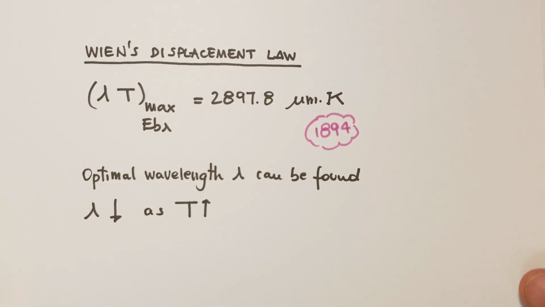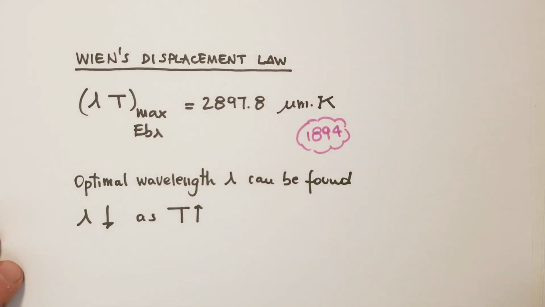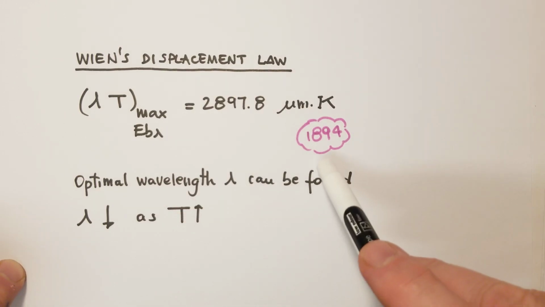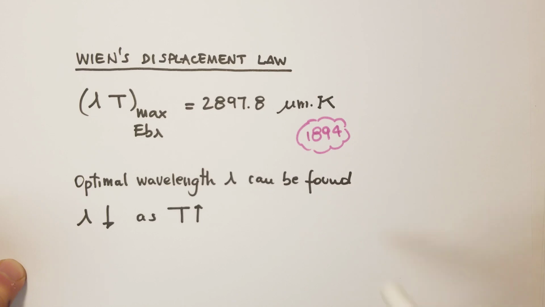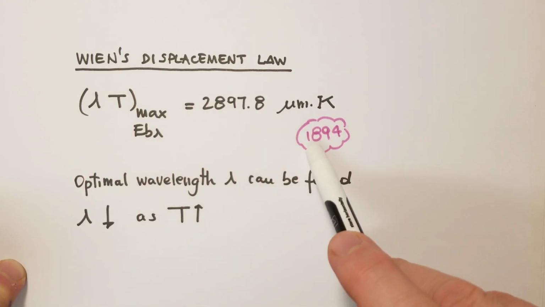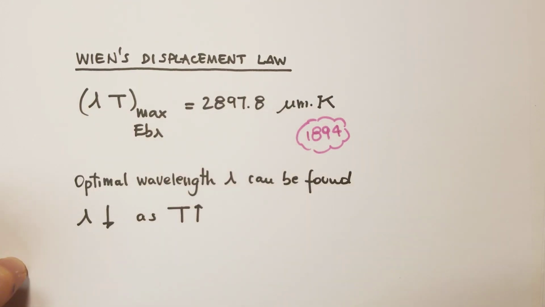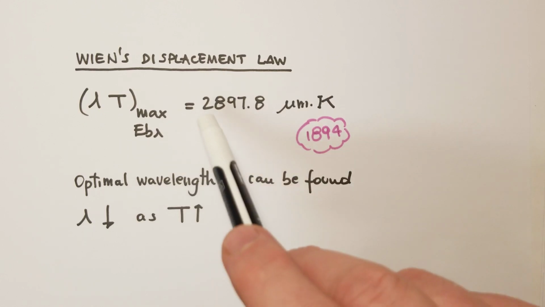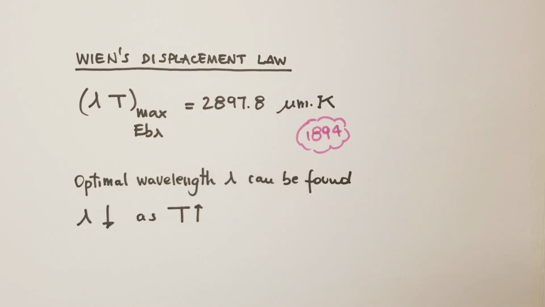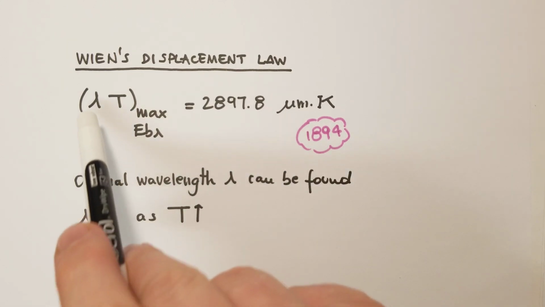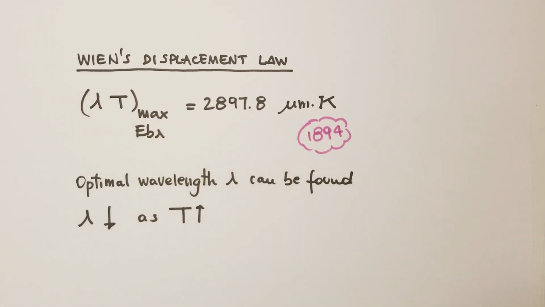The dotted line can mathematically be expressed through Wien's displacement law, which was actually found before Planck's law, found by Wien in 1894, and says that the product between the optimal wavelength and the temperature of the surface is equal to a constant, this constant. So if we know the temperature of the surface, then we also know the optimal wavelength, the wavelength at which the maximum thermal energy is emitted by radiation by a black body.